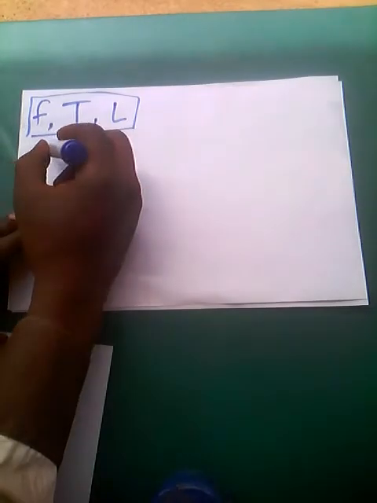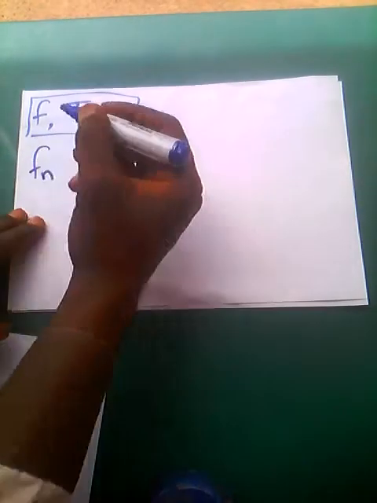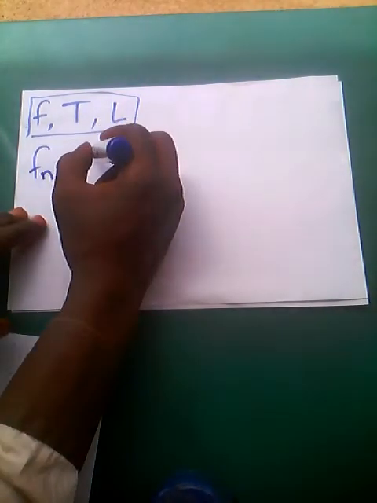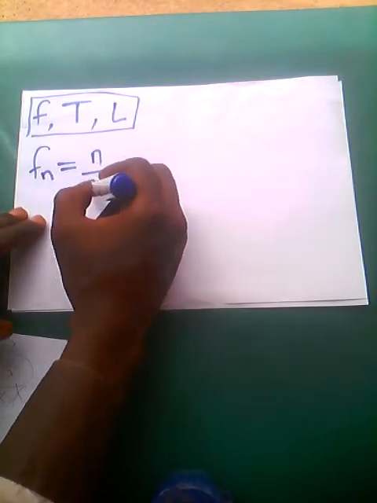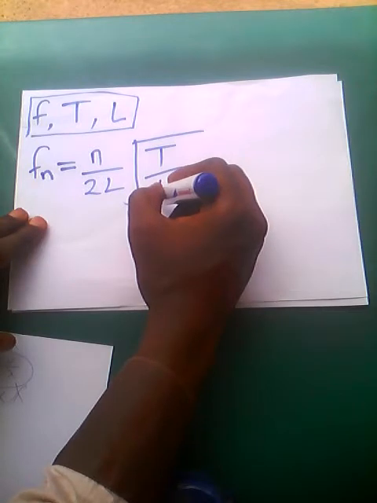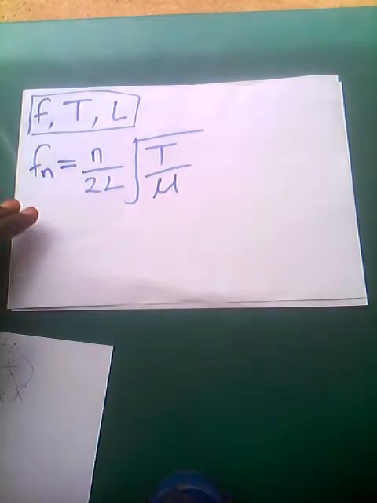Now, the first thing that we need to know is that the frequency of a sound, a note, is equal to n over 2L root T over a constant. Right.